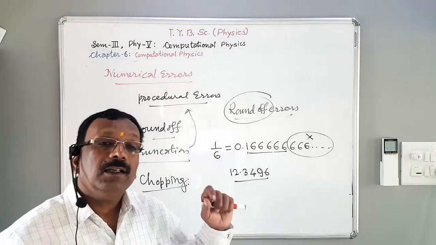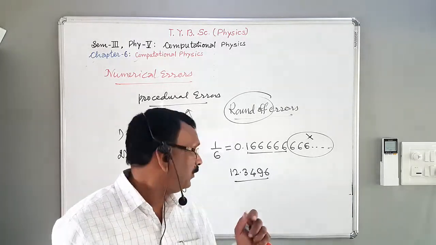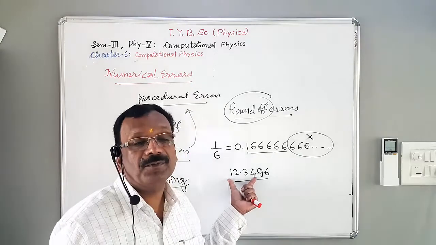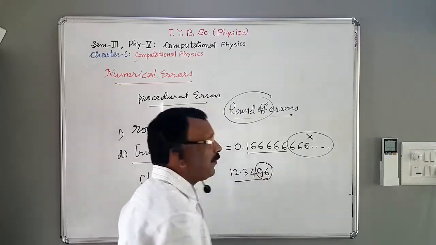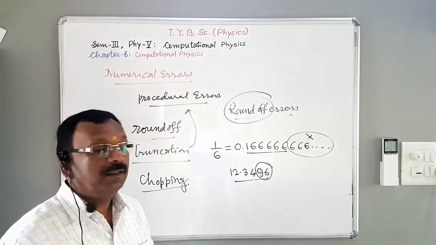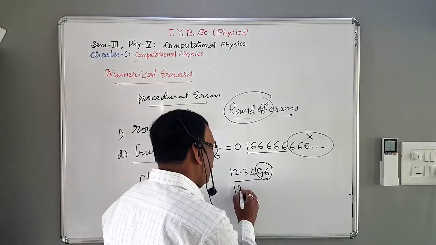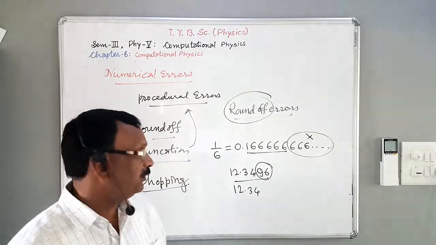And our computer having the capacity of only 4 digits, then this number is dropped and we will get 12.12. Why is it so?